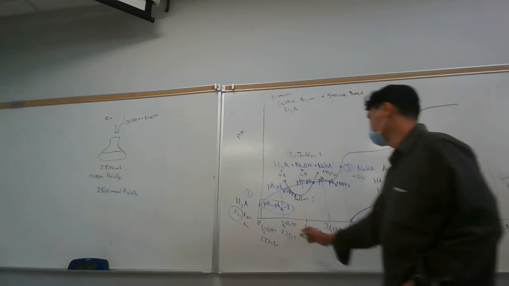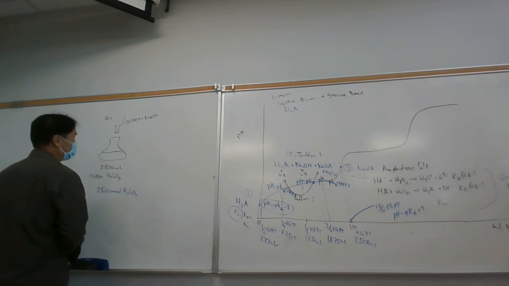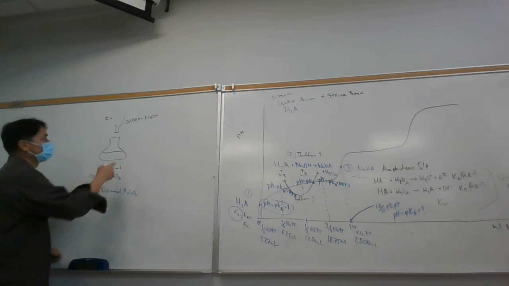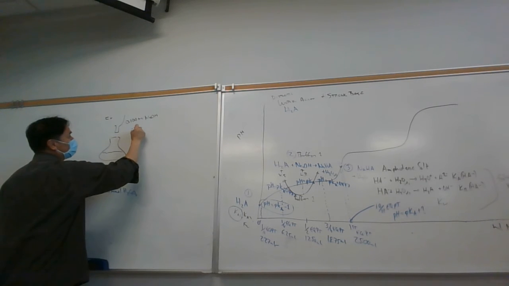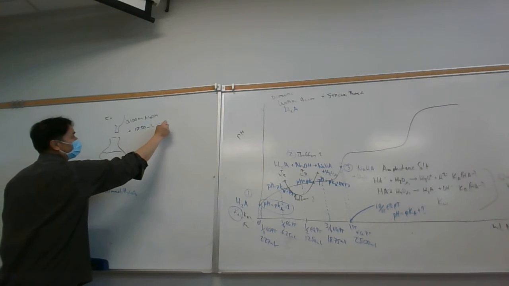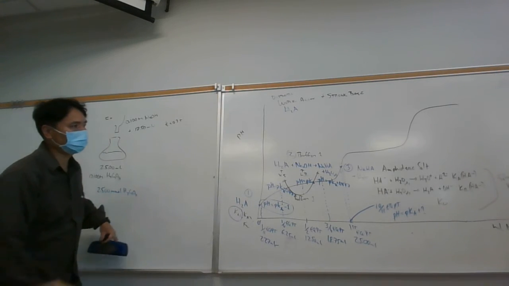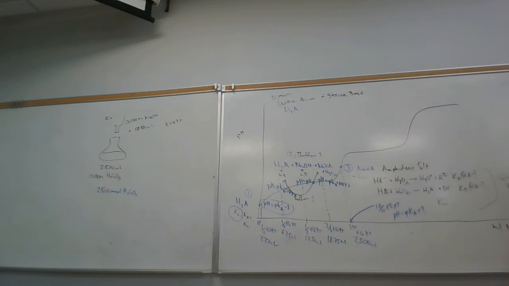Now, where do these numbers come from? Let's go through that. We'll do the half equivalence point first. In the first example, let's go to the half equivalence point, which is 12.5 milliliters. There are two calculations we can do here.